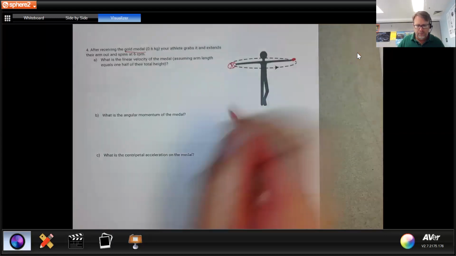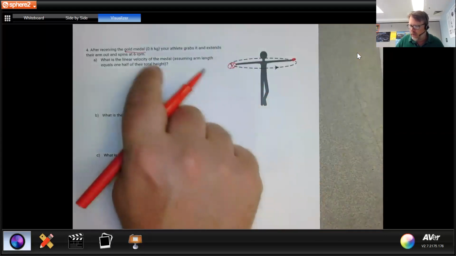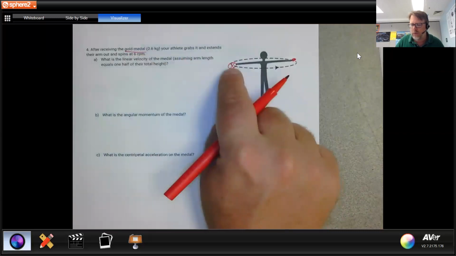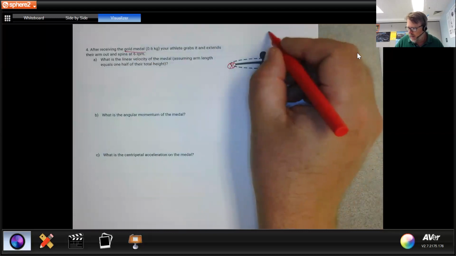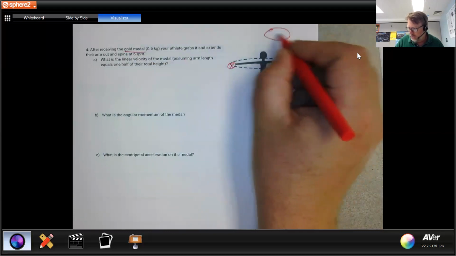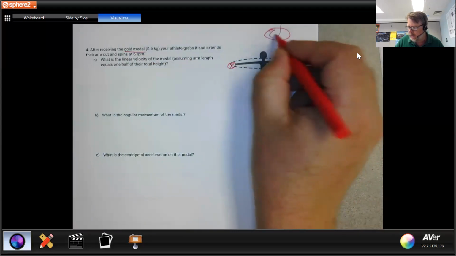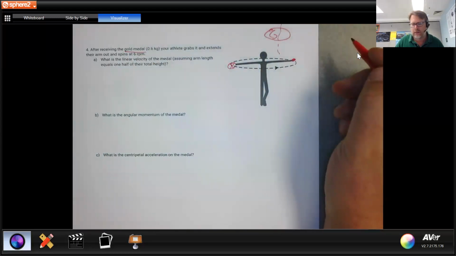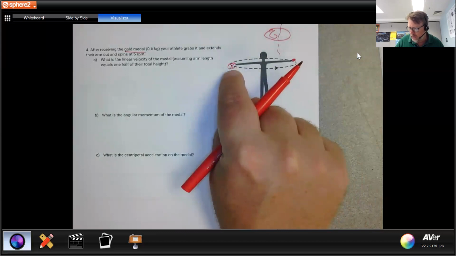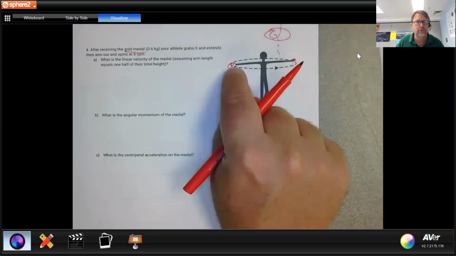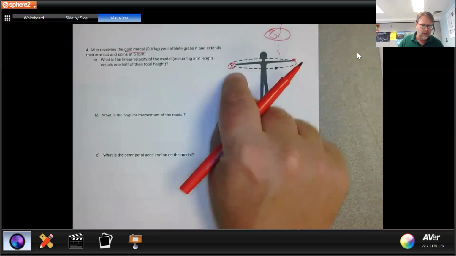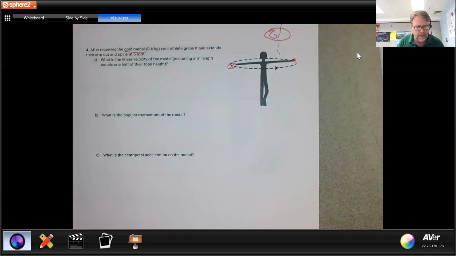Okay, so make sure you think about not just what the object is, but what way is it moving. Okay, if we had the metal and it was spinning through the axis here, then you'd have to use the disk equation. But it's spinning here, so we have to use the point mass equations. Okay, so that will come up later here.